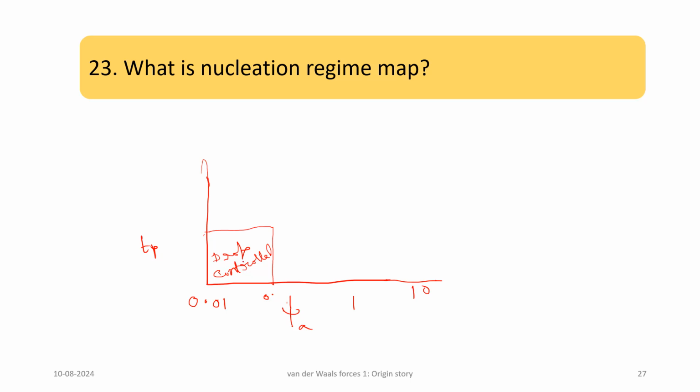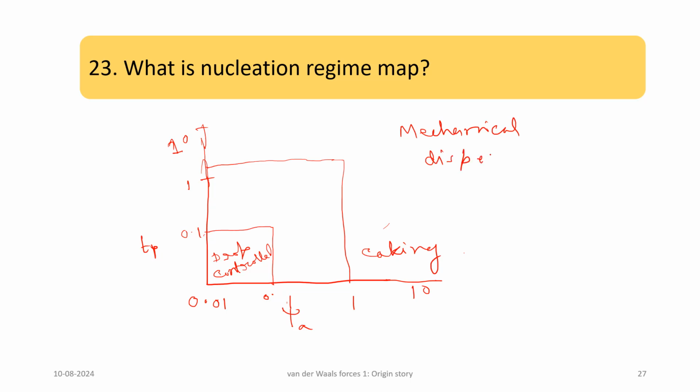Then comes the intermediate regime. Here also it is 0.1, 1 and 10. And in the top region, the droplet penetration time is huge and caking also happens. This nucleation regime is called the mechanical dispersion regime.